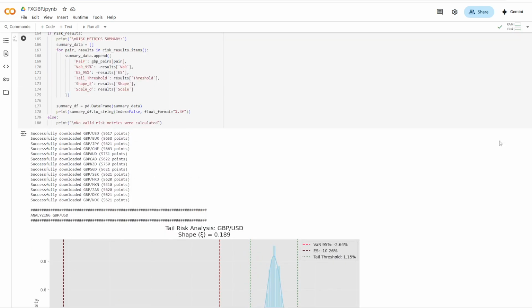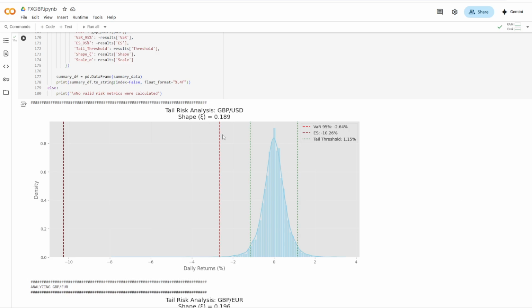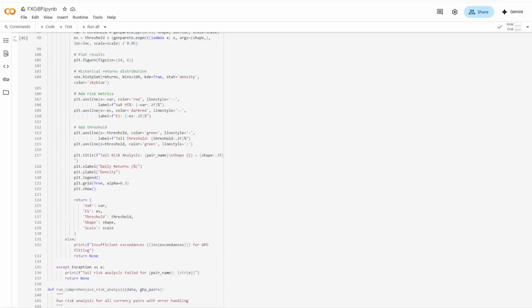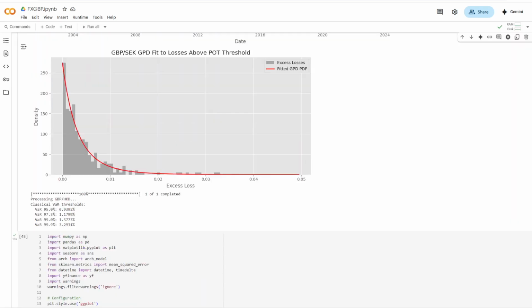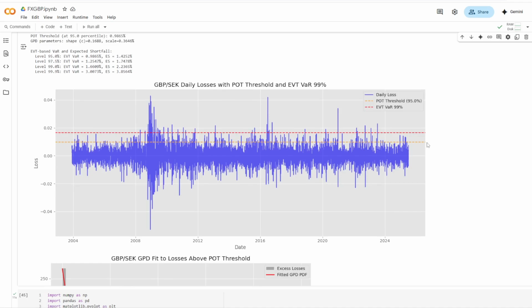We have an additional study, and here we have the epsilon parameter. Basically what we see in the extreme value theory with this horizontal chart, the daily returns, we have some thresholds, the 95, 99%.